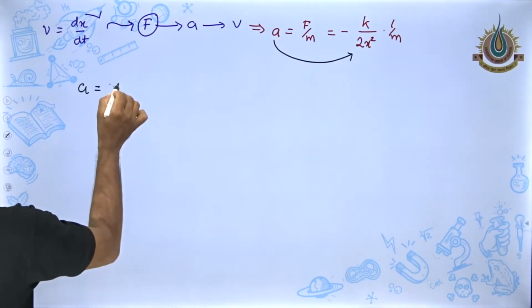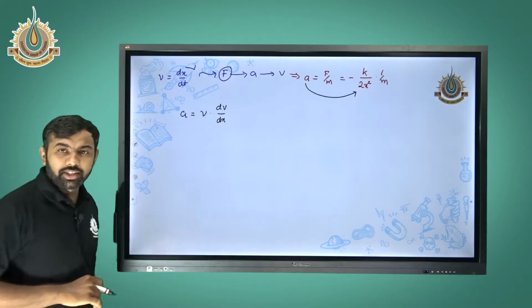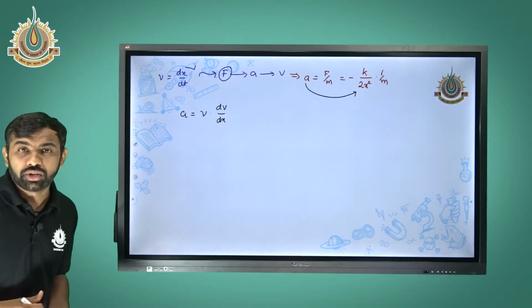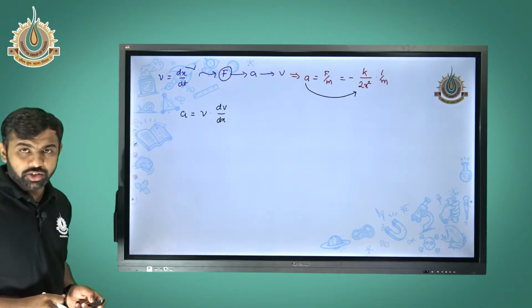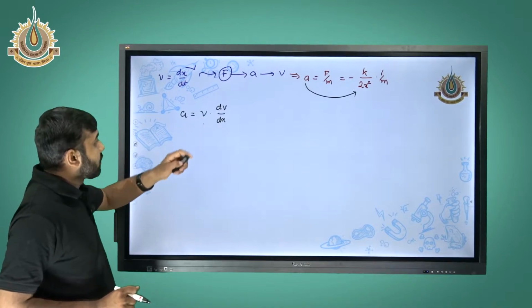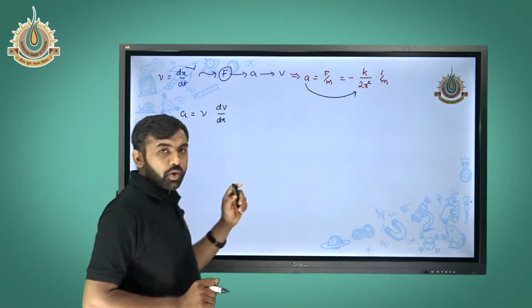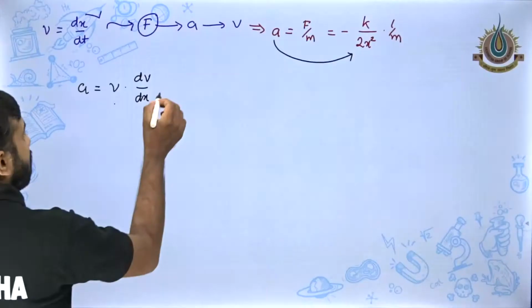Acceleration is equal to v into dv by dx. Acceleration is actually dv by dt also, but that is another form of acceleration. We write it in terms of x, because right now we have to find the velocity and x is given here. So put this value here. What you get?